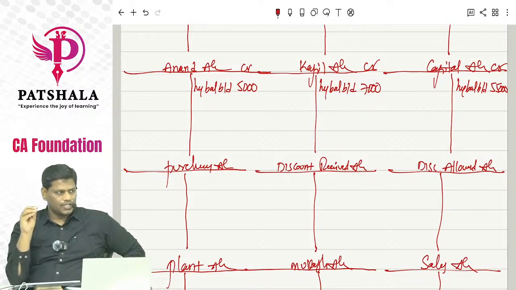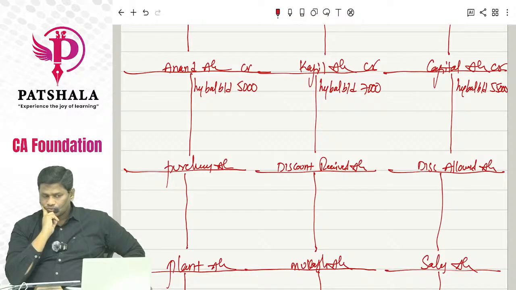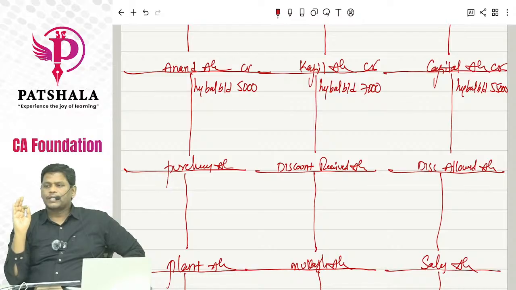By balance brought down. Write the respective amounts. Finished, done? Everyone has completed the opening balances.